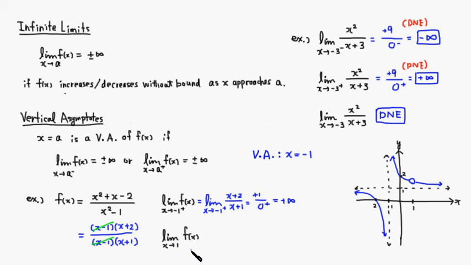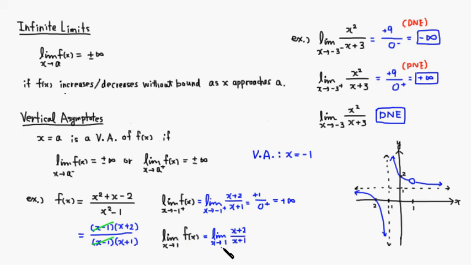How about x equals 1? You can take the limit from the right or from the left, so let's do a two-sided limit: the limit as x approaches 1 of x plus 2 over x plus 1.